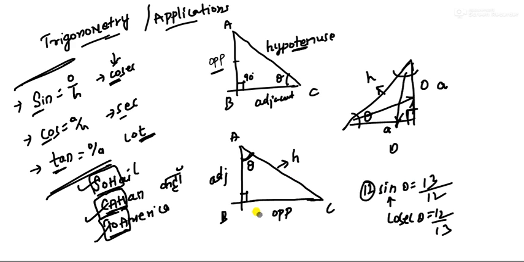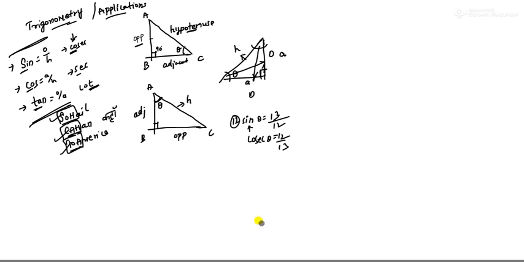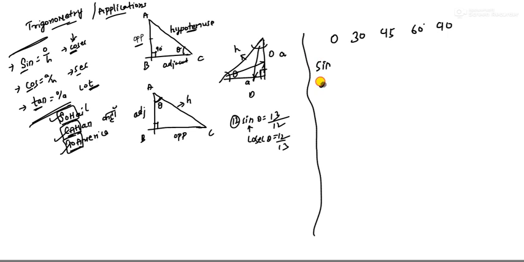Got it? Now, the second part is the specific values 0, 30, 45, 60 and 90. Based on this, they will give questions, and it is mainly on sine, cos and tan. They rarely give questions on sec, cosec and cot.